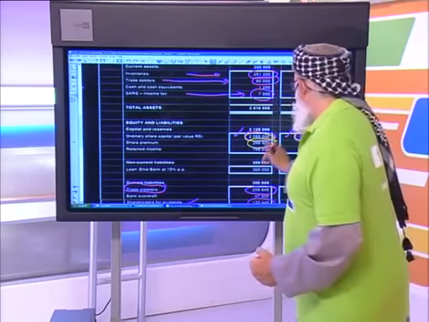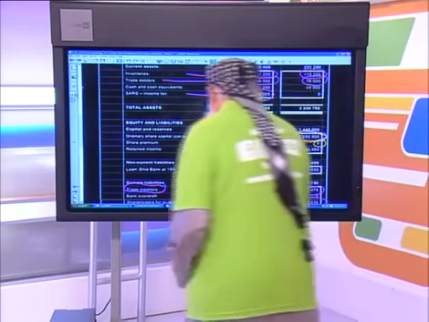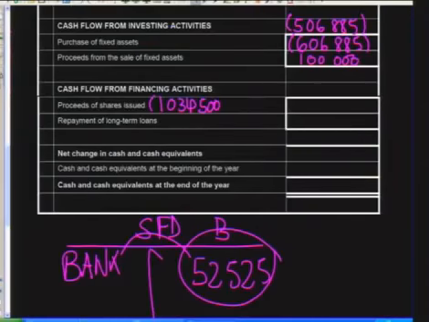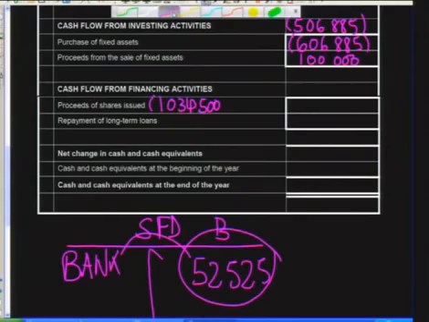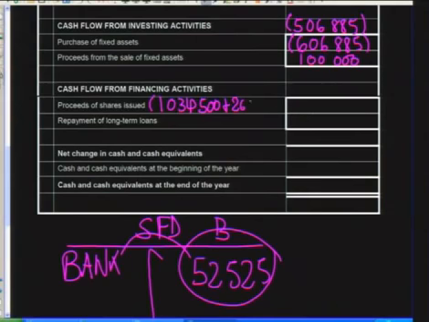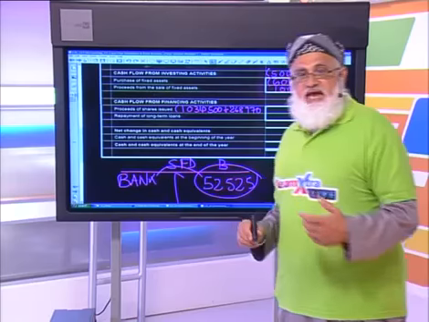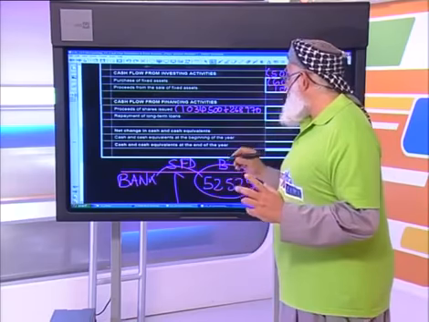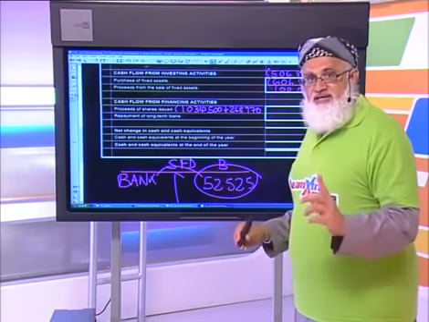This means that there was a further inflow of funds. How much? 268,970. So therefore, plus 268,970. Okay, I now have my proceeds of the shares that have been issued.